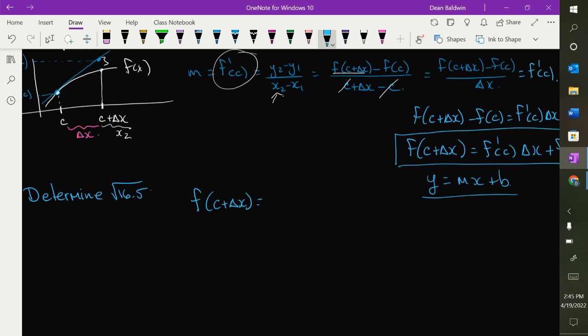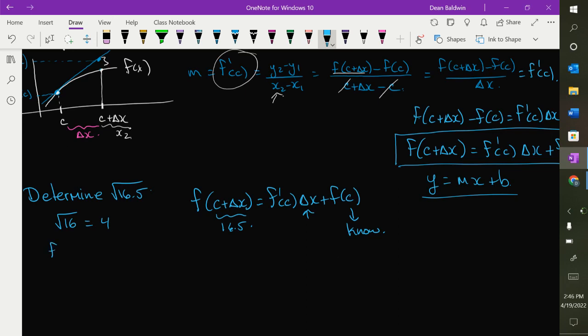C plus delta x is equal to, C is what you know. It's a known one. Delta x is the difference between your known and what you're trying to determine. And c plus delta x would be 16.5. So we're going to use the square root of 16. We know that that is 4.